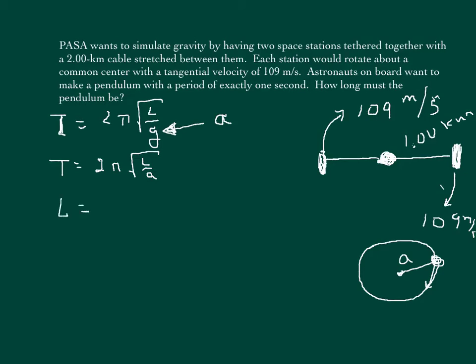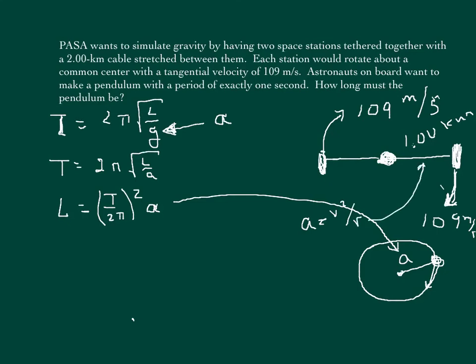In solving for the length, we get L equals the period over 2 pi, quantity squared, times the acceleration. But this acceleration is the acceleration that we calculate here by the two spaceships going around in circles with each other. And we know from our study before that this acceleration is equal to v squared over r, where r is the radial separation here, and v would be the tangential velocity.